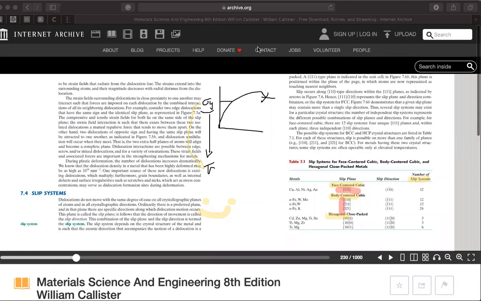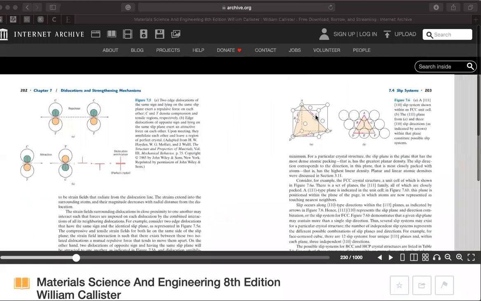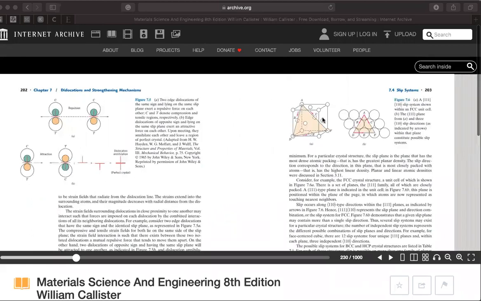Now, if you look at the 111 plane, you will see that for this plane there are 3 possible directions.